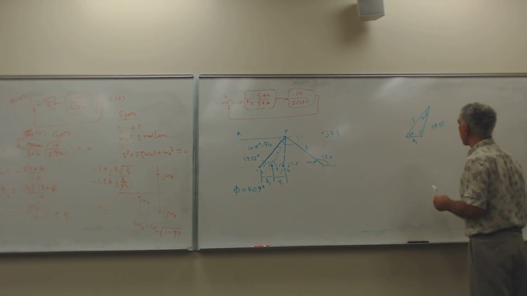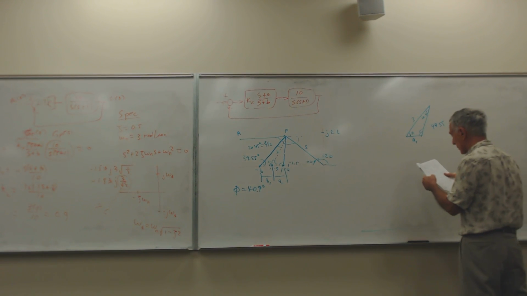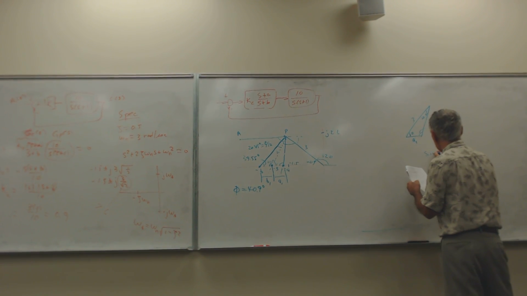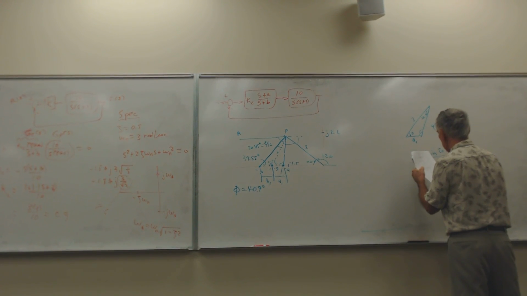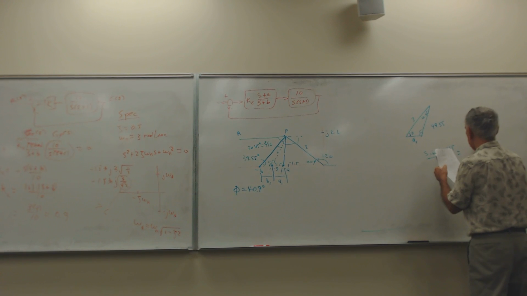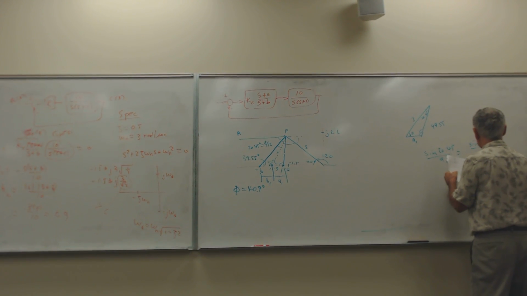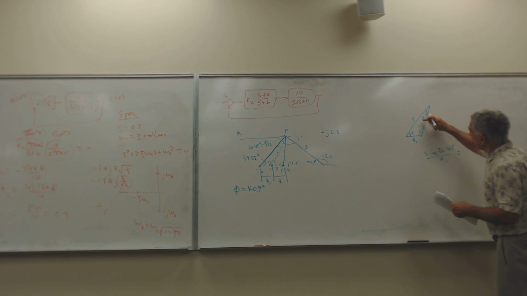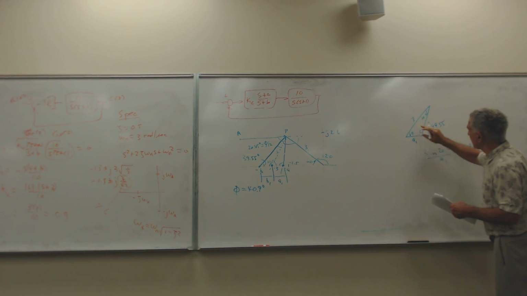So you can find A1 by using the law of sines. You can say that the sine of 20.45 is to A1 as the sine of 99.55 is to 3. 20.45 is opposite A1, and 99.55 is opposite 3.